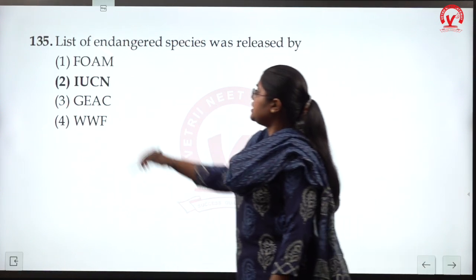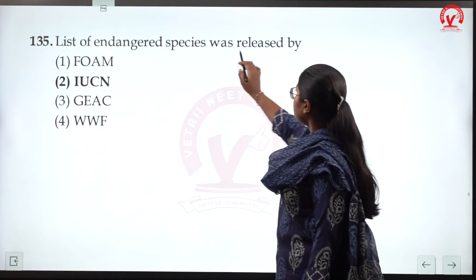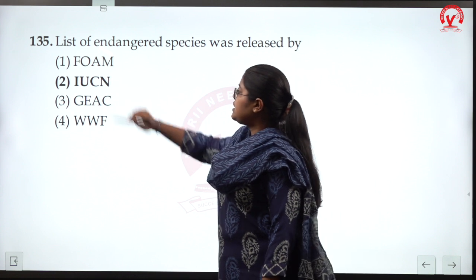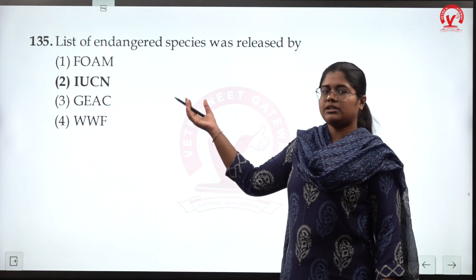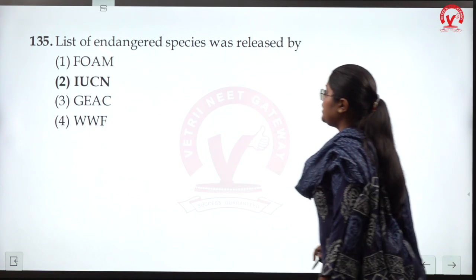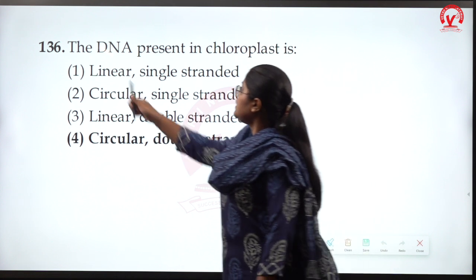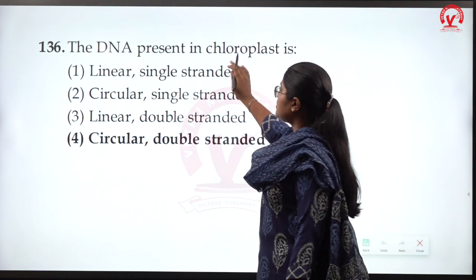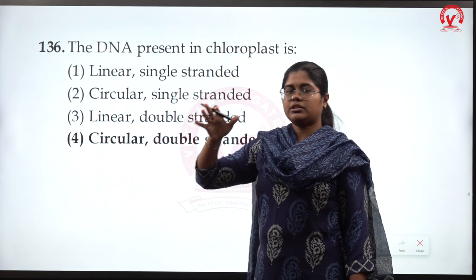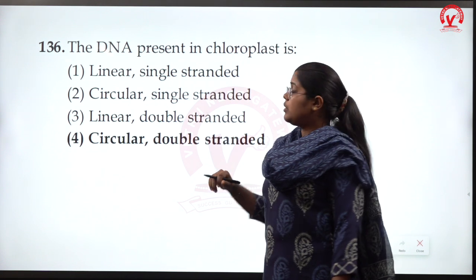So next question, the list of endangered species was released by IUCN. IUCN is International Union for Conservation of Nature. So next question, the DNA present in chloroplast. Chloroplast is a semi-autonomous double membrane bound organelle.